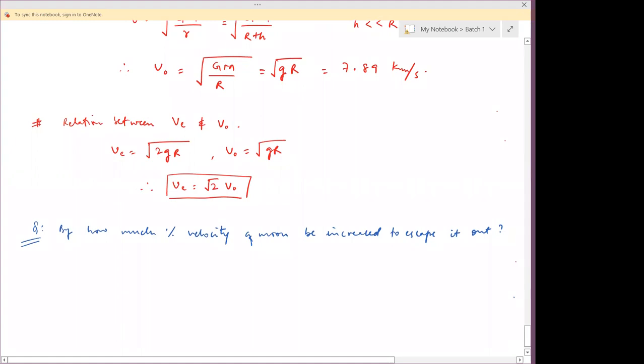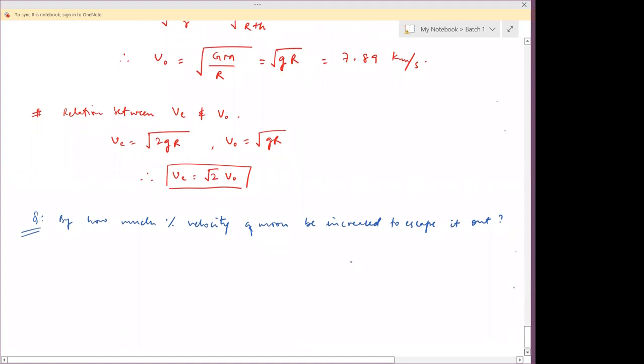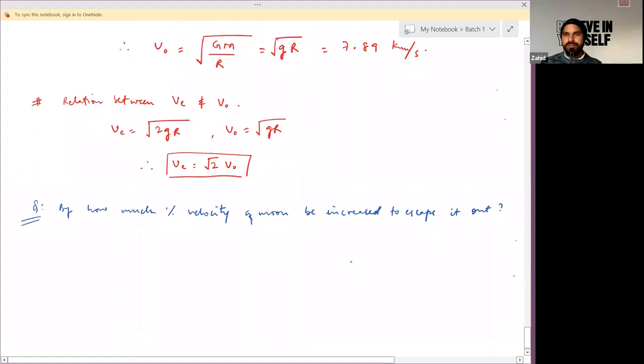No, sir. Okay. So for this part, we just assume the moon to be a heavenly body revolving around the Earth close to it. So it must have some orbital velocity of revolving. To escape it from the gravitational pull of Earth, some percentage of velocity must be added to it.